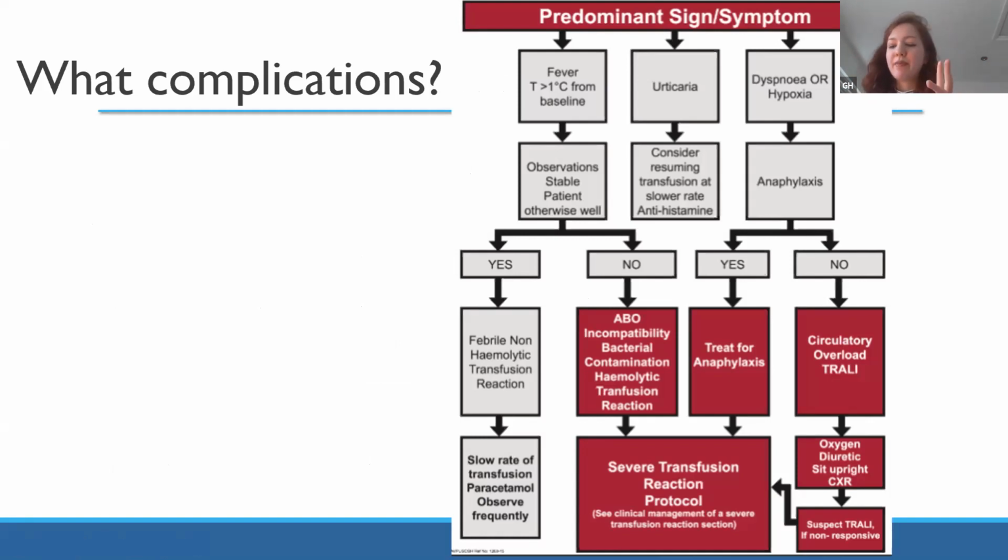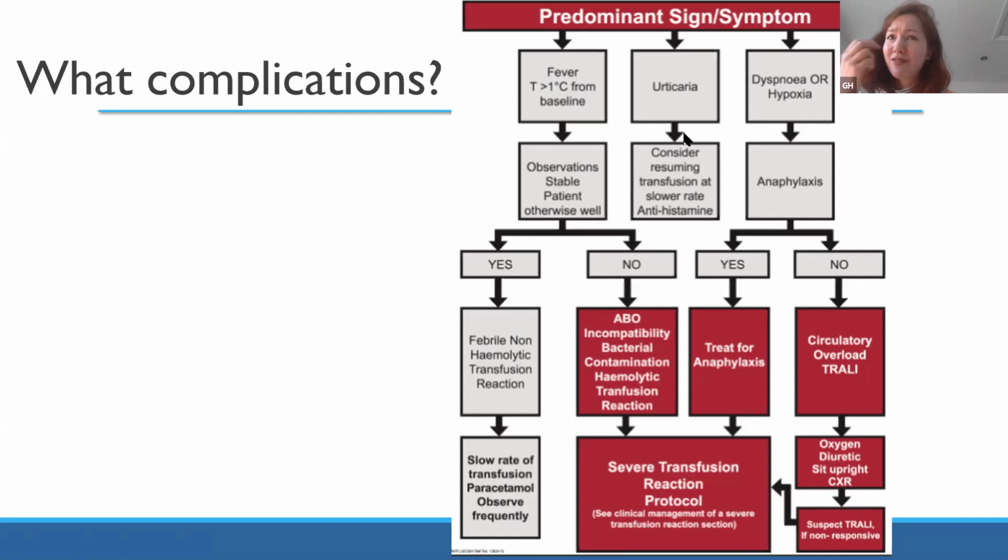So this is something that you'll be commonly asked to sort out as an F1, and this is something that I've seen come up in exams as well. Essentially, I think people like to go through it by conditions, but I think it's a lot easier to just go by the symptom you'll be asked about. So you might be asked because the patient's got a rash while they're having, like, a platelet transfusion.